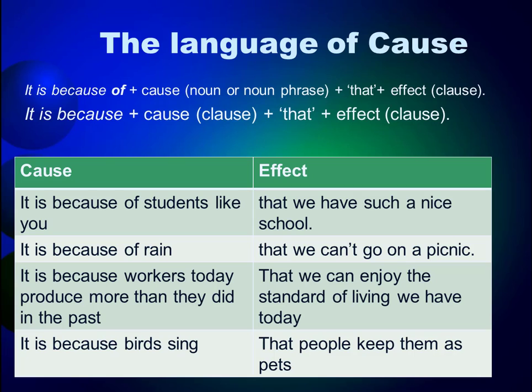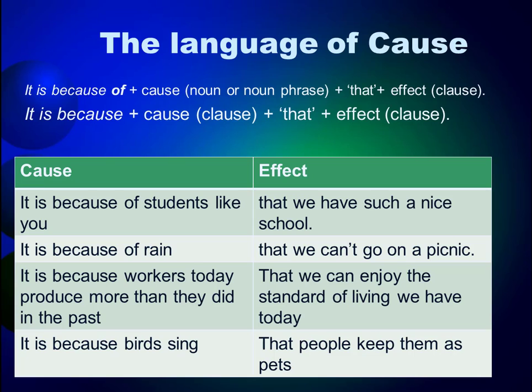I mean, not a noun clause, a noun phrase. If it is a clause, then you don't use the word of. It is because workers today produce more than they did in the past that we can enjoy the standard of living we have today. So this is when you have a clause. So it's a subject and a verb.